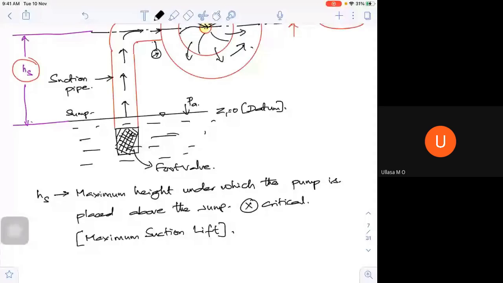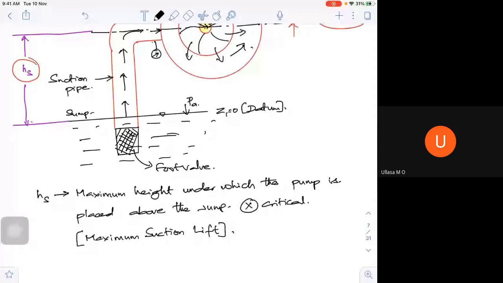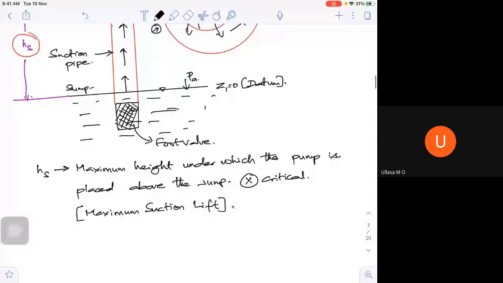You can't install it with the sump at the base, maybe around 8 to 10 meters below. So you can't have HS around 10 meters with a delivery head of 0.5 meters. I should ensure that this HS has some limit, and this is calculated based on many factors. One is your atmospheric pressure.